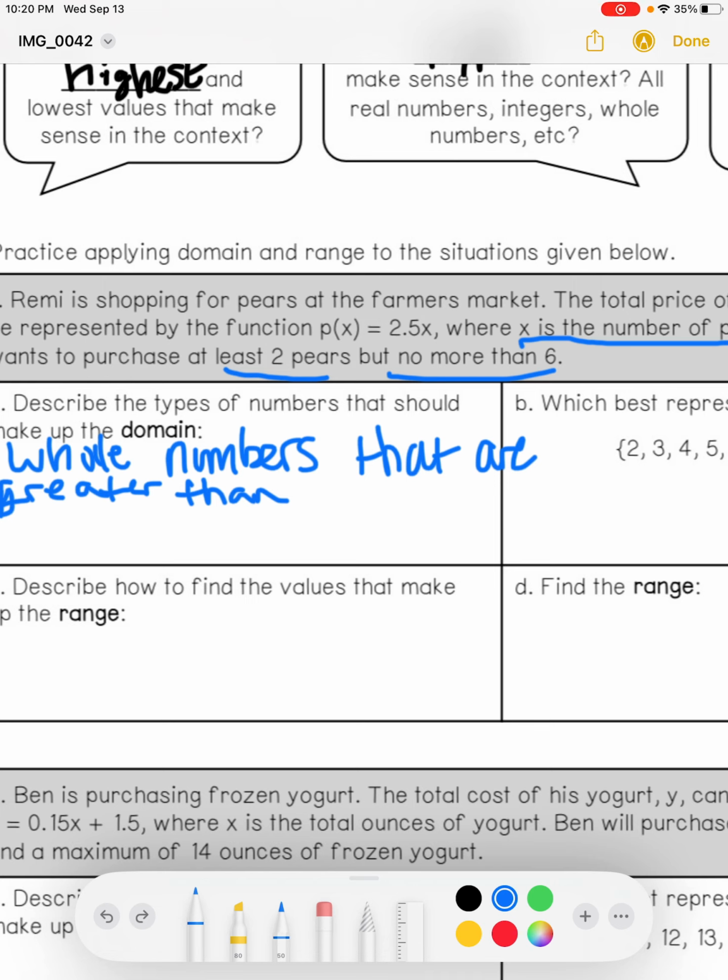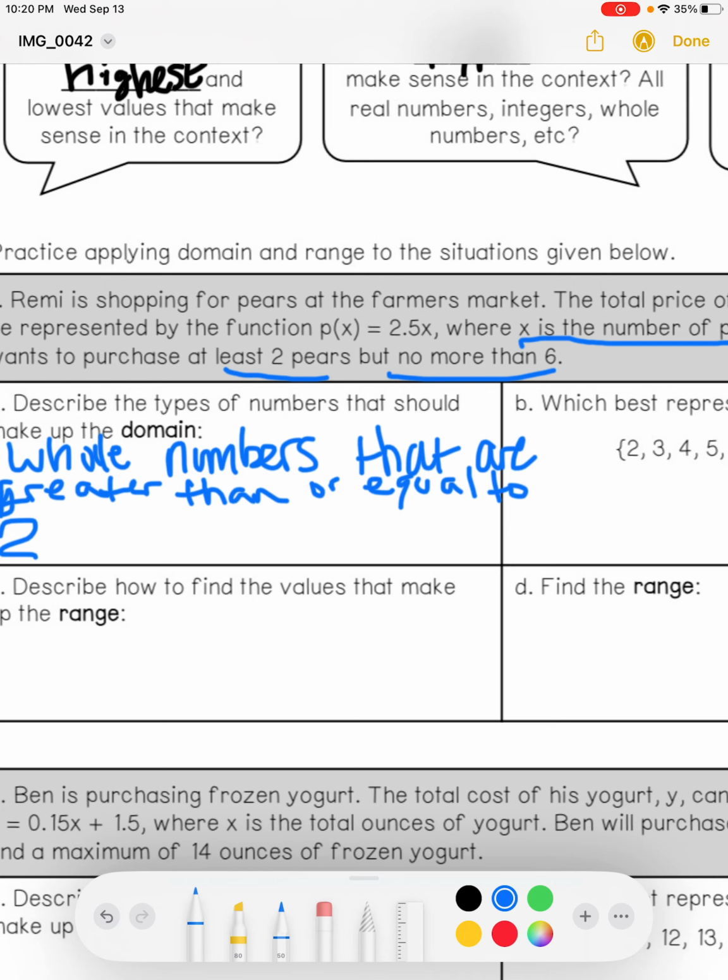I want at least 2 pairs. So do I have to be greater than 2, or can I also buy 2? Well, if I want at least 2, that means I'm also allowed to buy 2. So I'm also going to say or equal to 2.